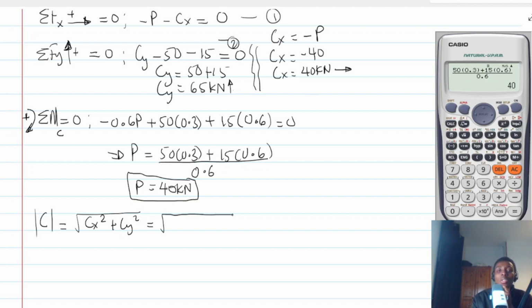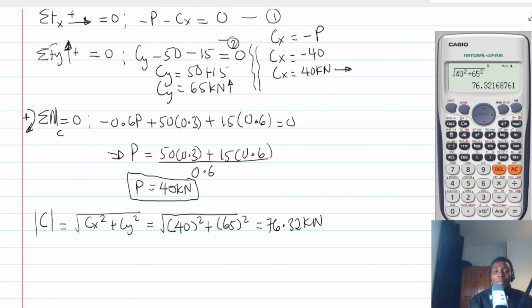So that is going to be the square root of 40 squared plus 65 squared, which is 76.32 kilonewton. So that is actually the load, or let's say the magnitude of the reaction at C.